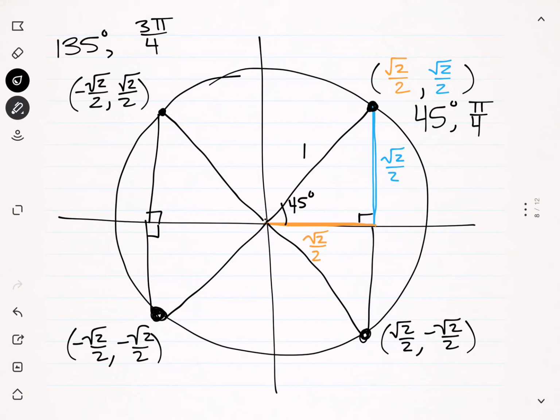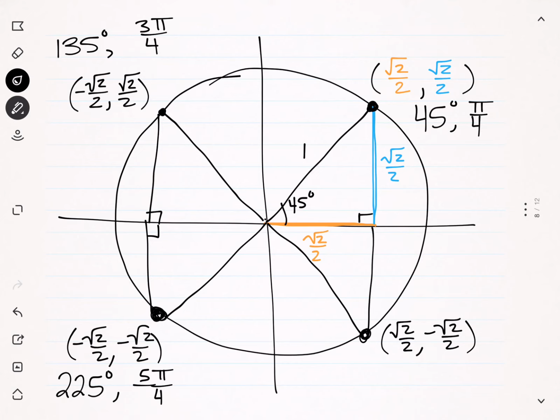In quadrant 3 here, we want 45 degrees more than 180. So that's going to put us at 225 degrees. And 45 goes into 225 5 times. So we want to take our radian measure, pi over 4, and multiply it by 5. So 225 is the same thing as 5 pi over 4 radians.